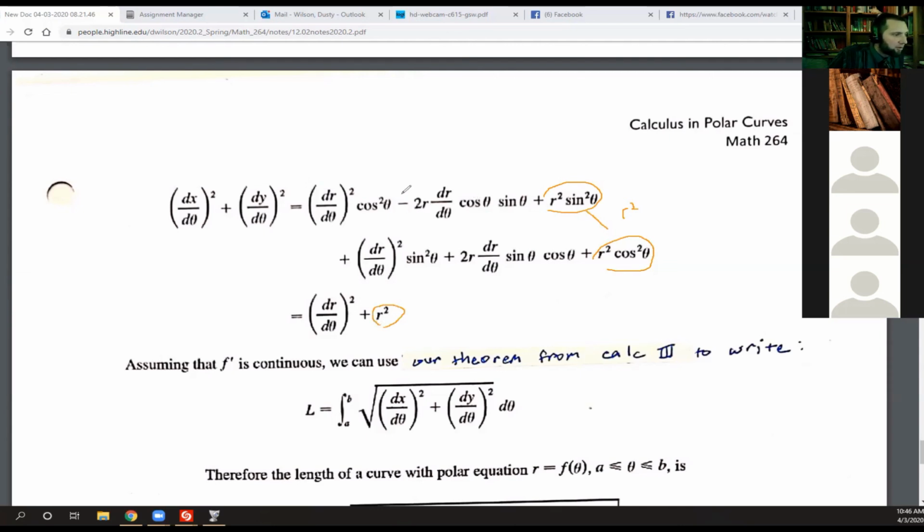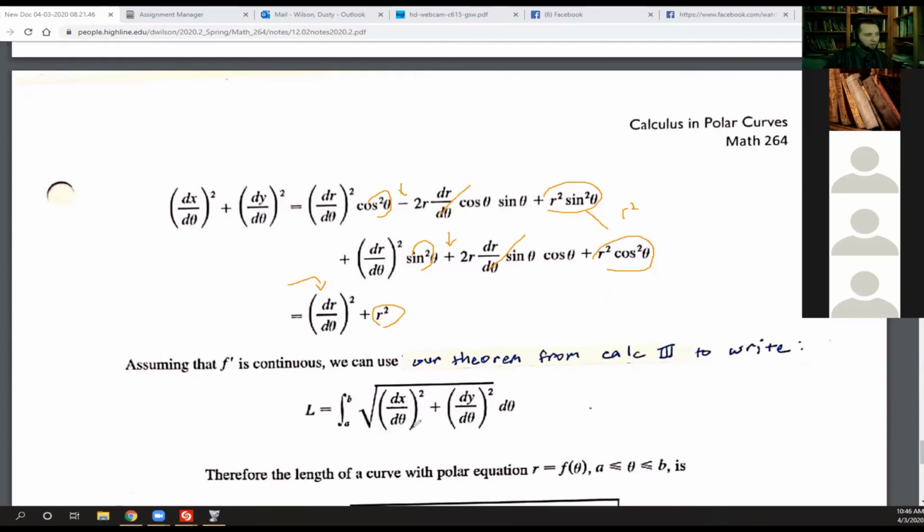Then here's a minus and here's a plus, so those ones die. Here's another cosine squared and sine squared, which is this term. So your dx d theta quantity squared plus dy d theta quantity squared simplifies to dr d theta quantity squared plus r squared.